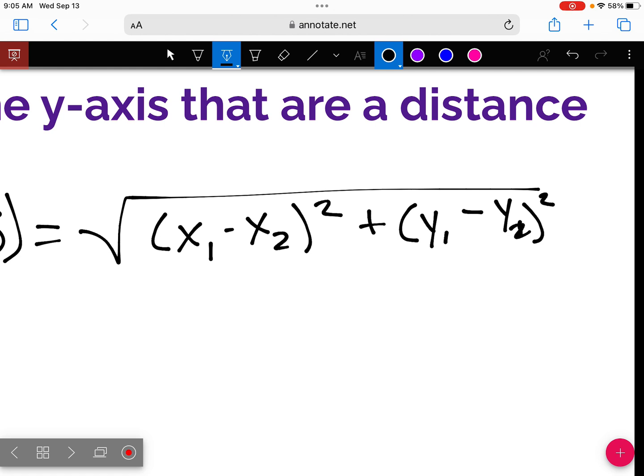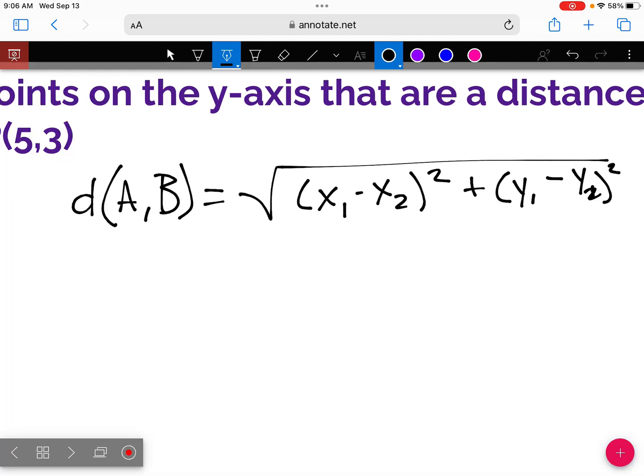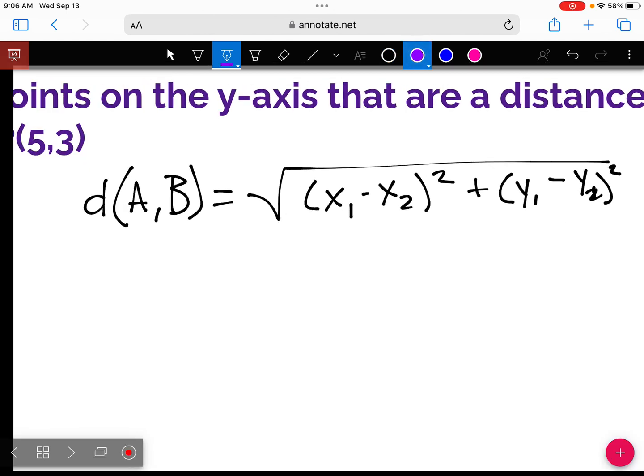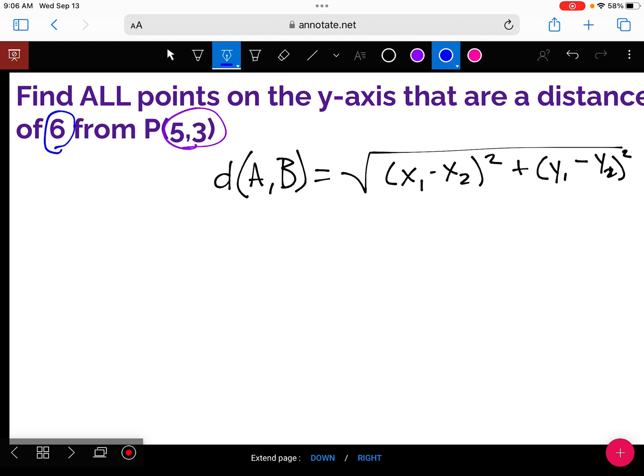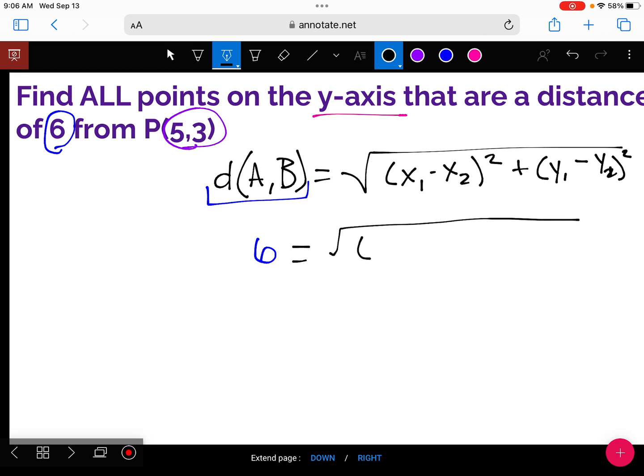So what we're doing is finding a point on the y-axis that has a distance of 6 from that point. I have 1 point, I have a distance, and I know it's on the y-axis. So we're going to plug some pieces in. The distance is 6. One of my points is 5, 3.